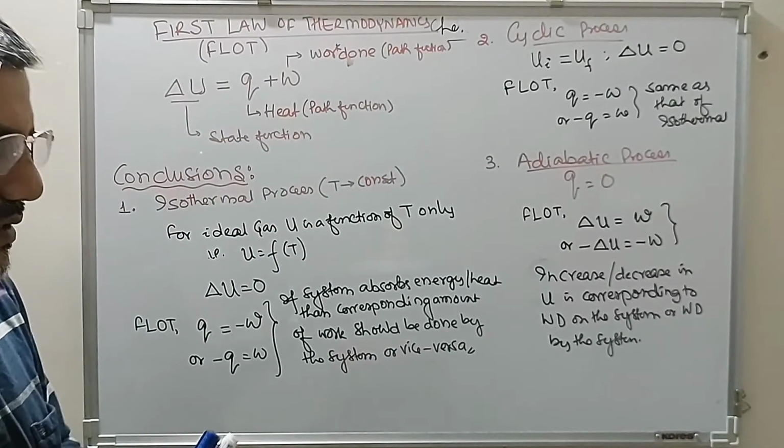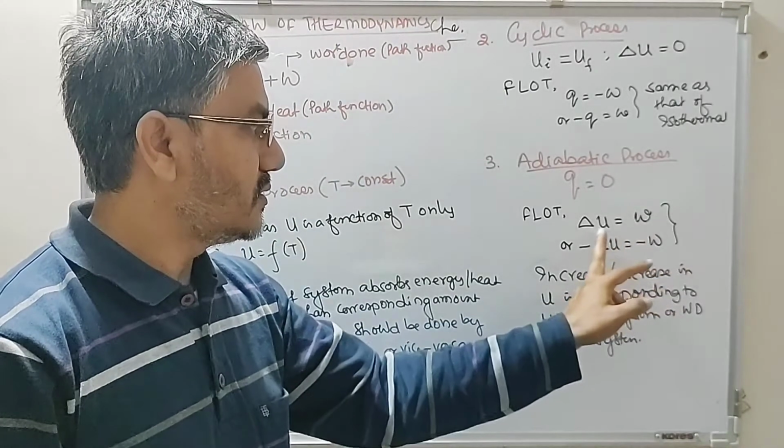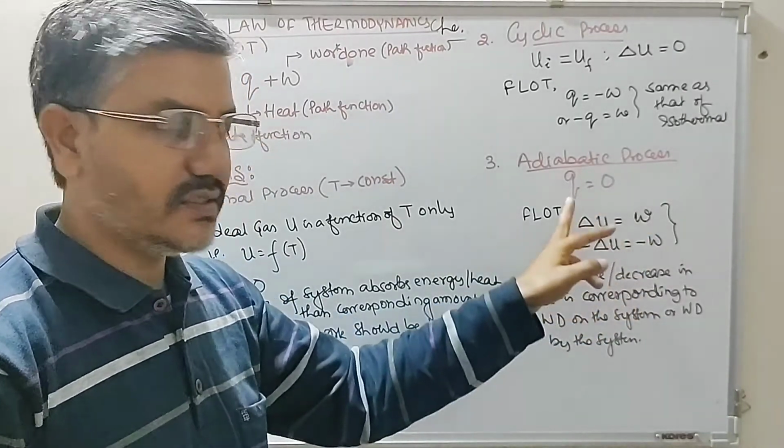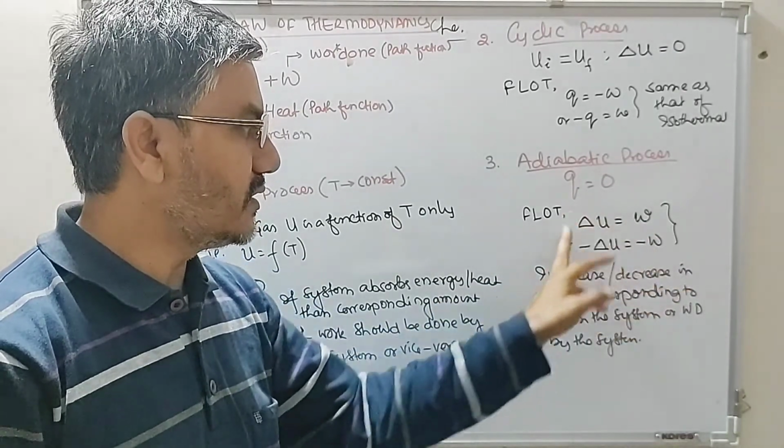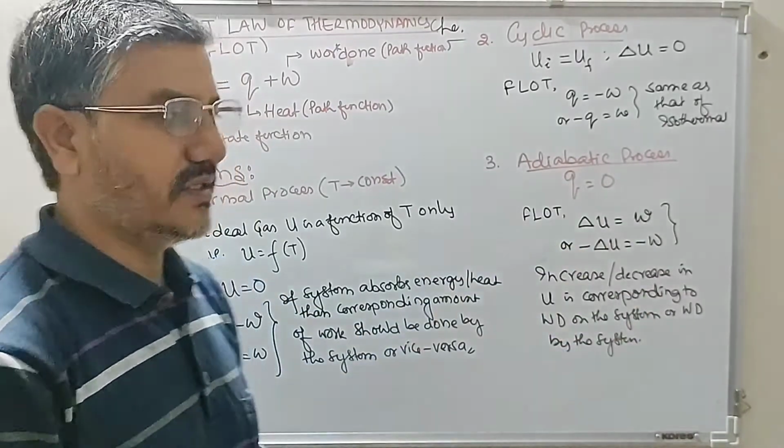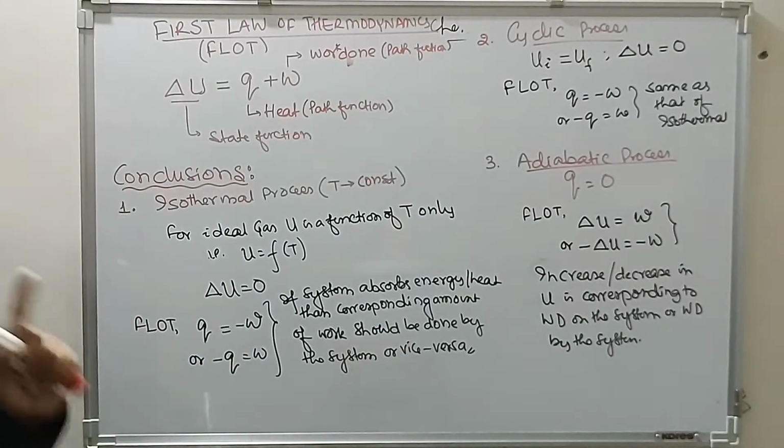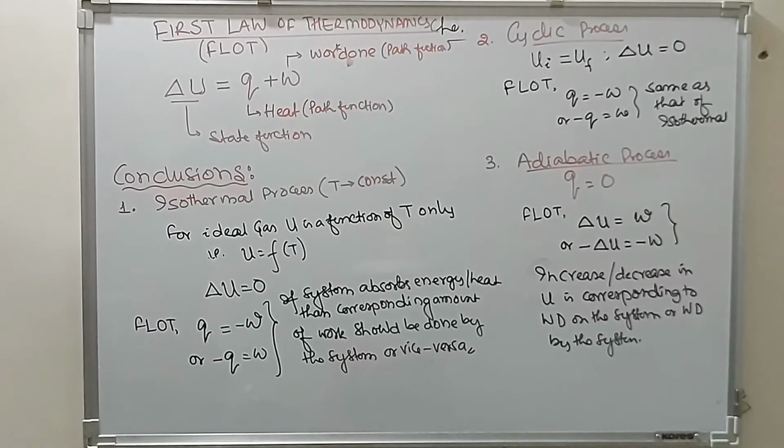So again I repeat, work done on the system, internal energy of the system increases. Work done by the system, internal energy of the system decreases. So this is under the adiabatic process.